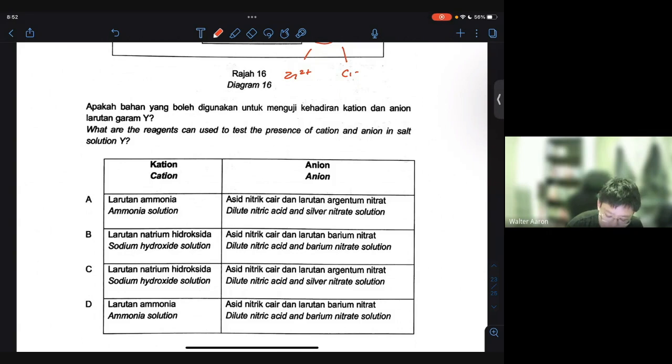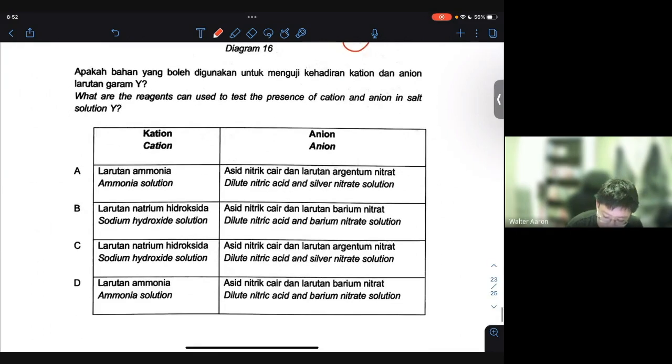But to test for the chloride ion, you can just use silver nitrate solution. Once you test it, you'll get a precipitate being formed because silver chloride is insoluble. So the best answer to describe these two tests will be definitely C.